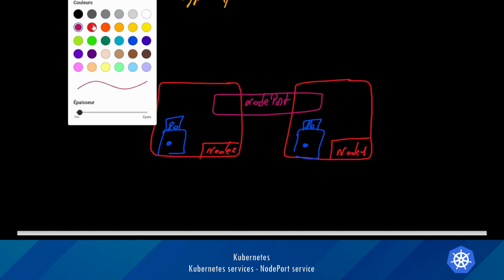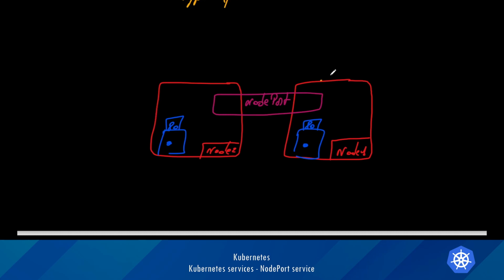Here, as we did in the previous examples, we need just one NodePort service to map a port from each worker node to the port of the pods.